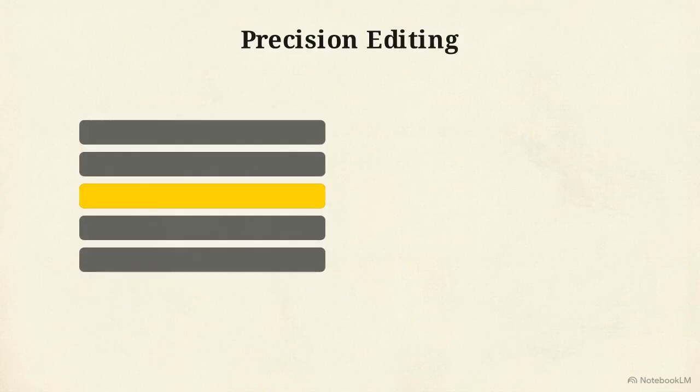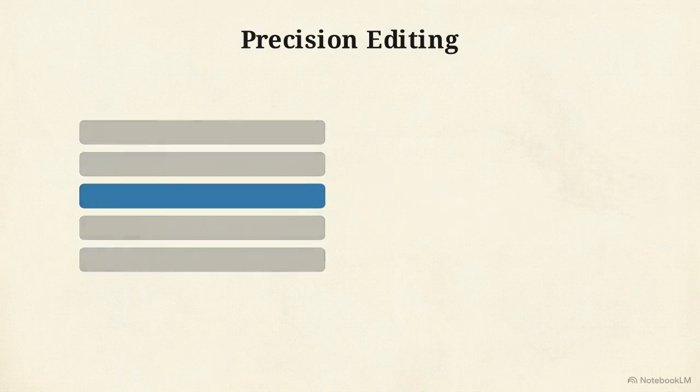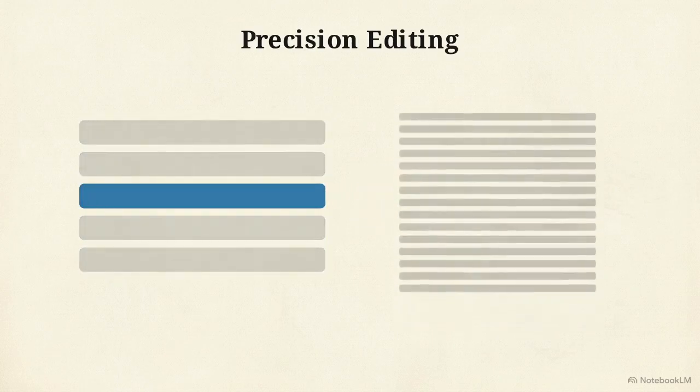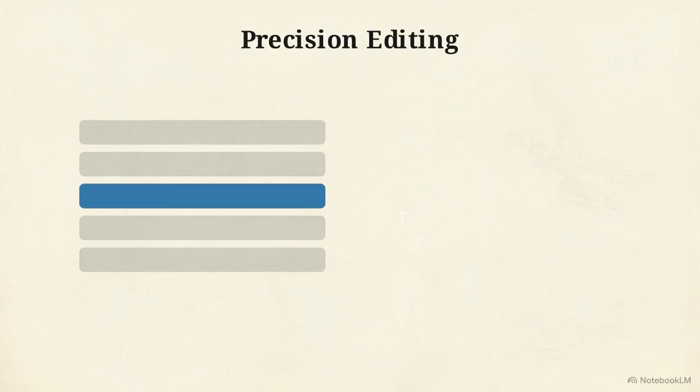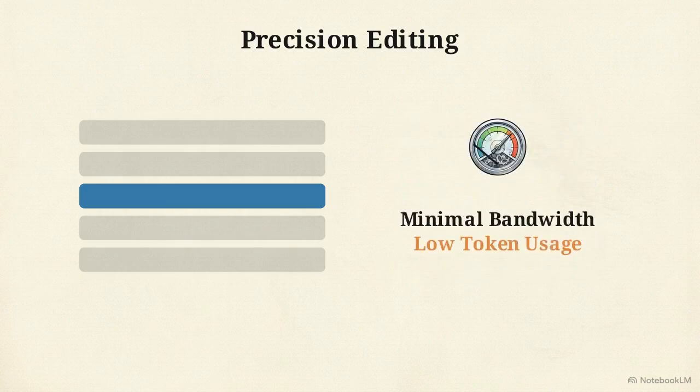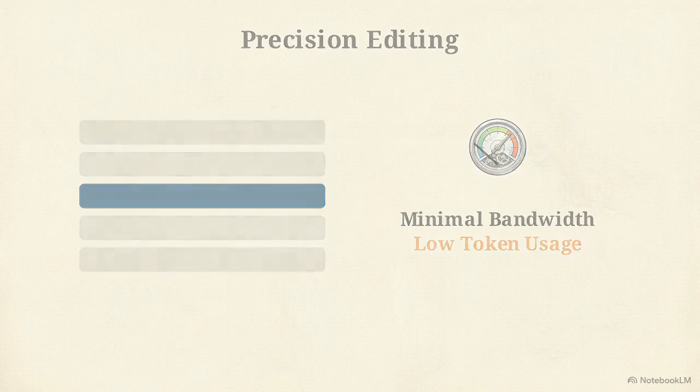This animation illustrates the final cluster, precision editing. Tools like Edit Cell Lines and Insert in Cell target specific middle sections of the code, leaving the surrounding lines untouched. Precision editing addresses a core inefficiency in remote execution. It prevents the AI from needlessly rewriting and transmitting entire notebooks over the network, which significantly reduces redundant bandwidth and token usage.